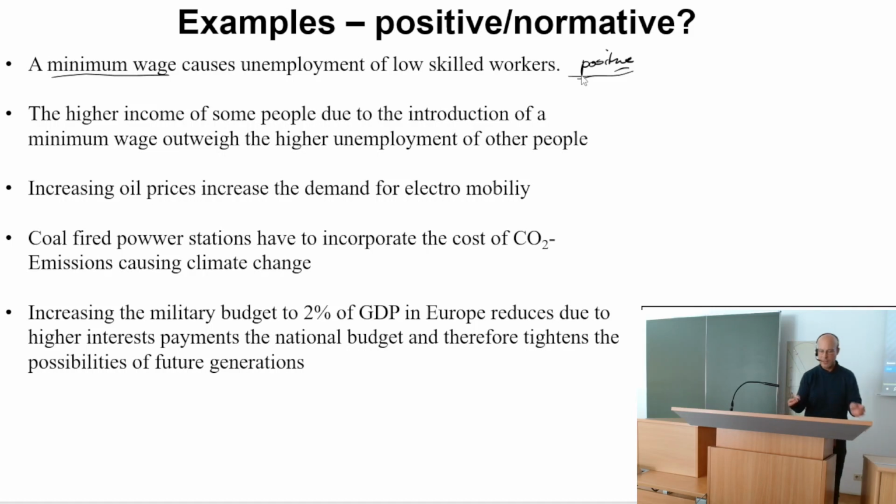Well, especially low skilled workers will have per hour a very low wage. And the minimum wage in Germany is, I think, around 13 euros per hour. It was 12, and it will rise to the next January, because there was some discussion about it.